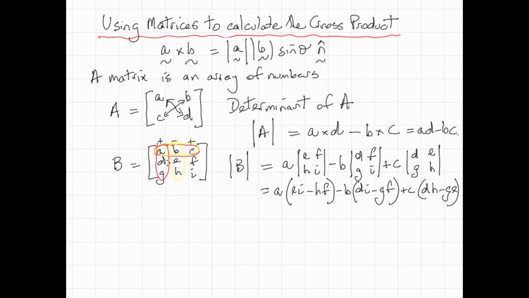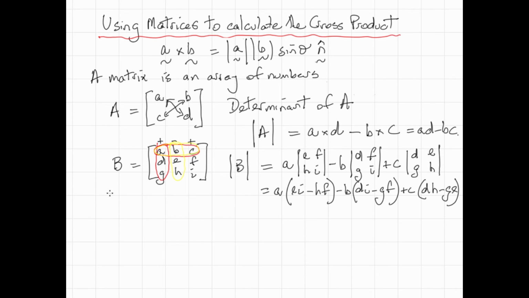So if we had values for A, B, C, D, E, F, G, H and I, we can actually substitute in all those values and we'll get just a single number as an answer. So we can calculate all that.